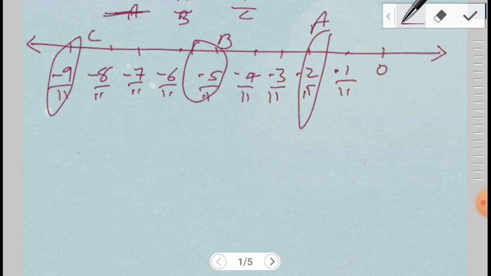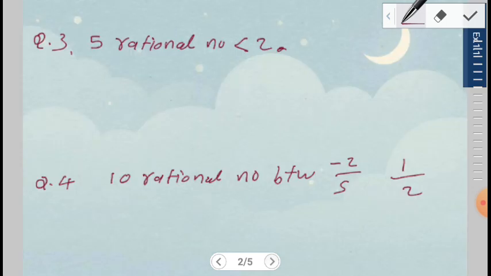In question 3, write 5 rational numbers less than 2. Simply, less than 2 means 1, 0, minus 1, minus 2, minus 3, minus 4.